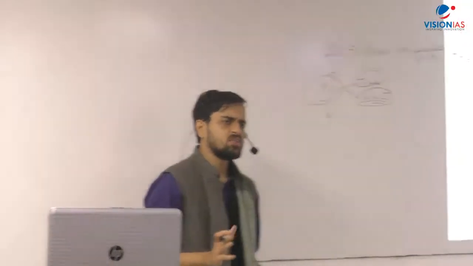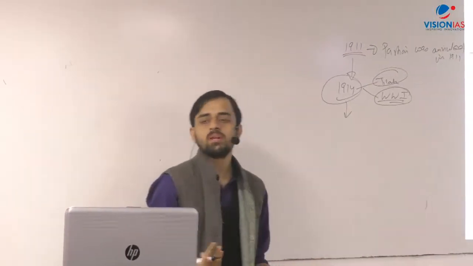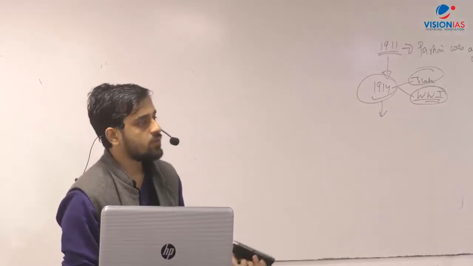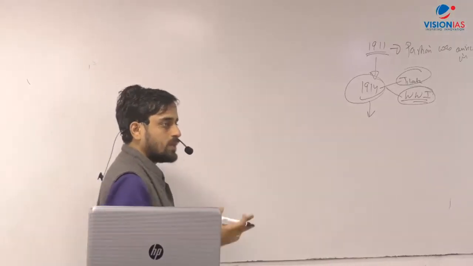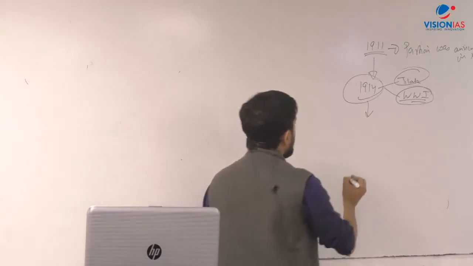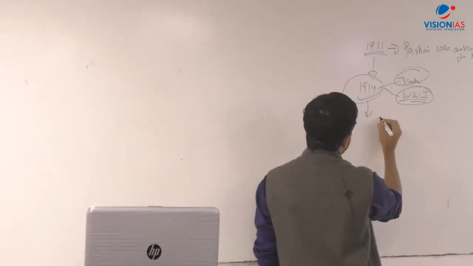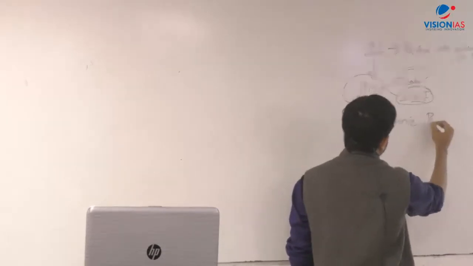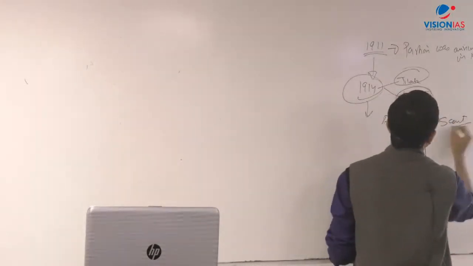The moderate leaders also were of the opinion that, listen, we have not been able to do anything for the past 8 or 10 years anyways. So they were also looking for some sort of a rapprochement with Tilak. And the crucial role here was played by Annie Besant.